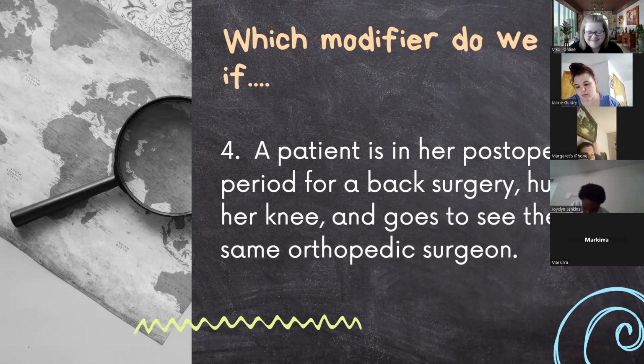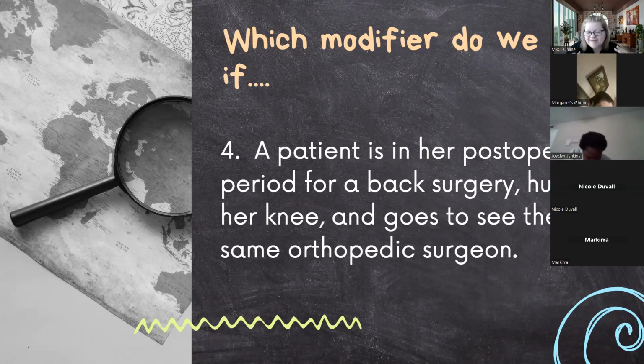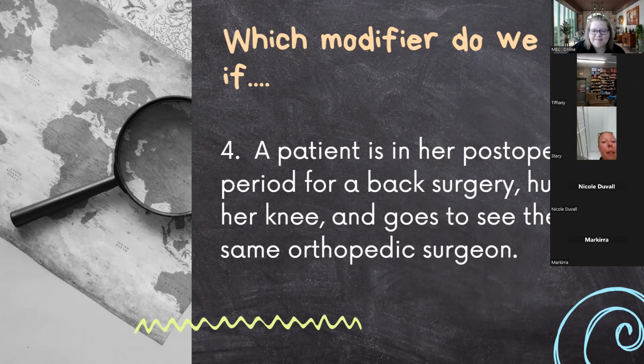Is it 79? Look in the lower numbers, like the 20-something. 24? 24, yes. It could be an unrelated E&M or it could be an unrelated procedure. It's all in the wording. That was kind of tricky. That's kind of my fault. I'll change that one for the next time.